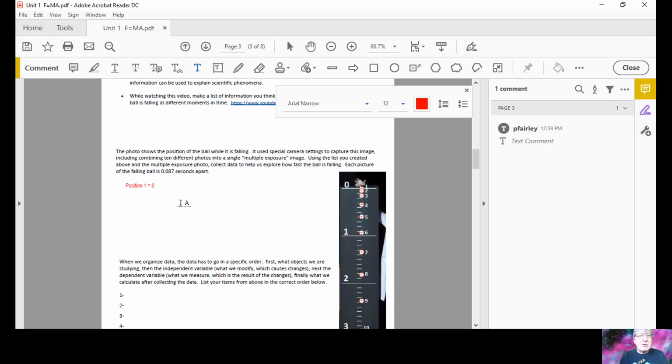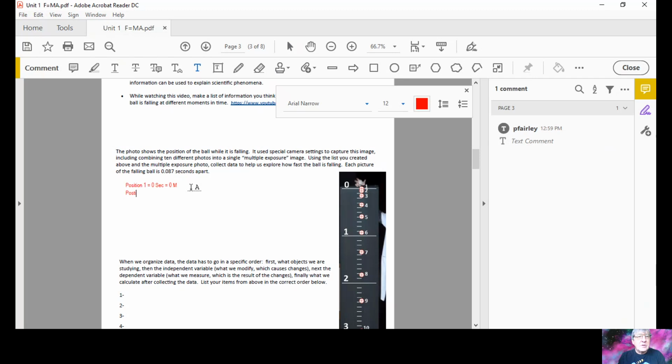So that would be 0 seconds. And I can see that it has not fallen at all. It is right there on the 0 mark. So position 1 is also 0 meters. And put M for meters, okay?